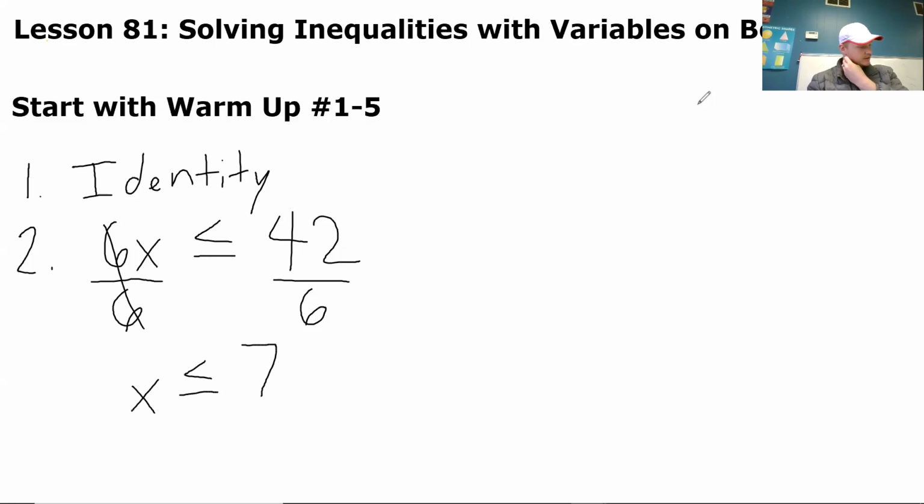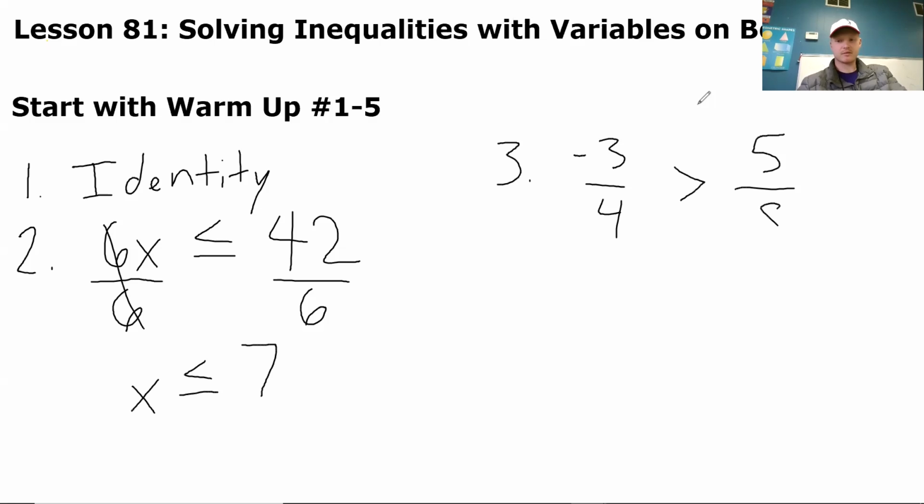Okay, and then we have, let's see, number 3. Number 3 says -3k over 4 is greater than 5/8. Okay, this one's a little bit more challenging.